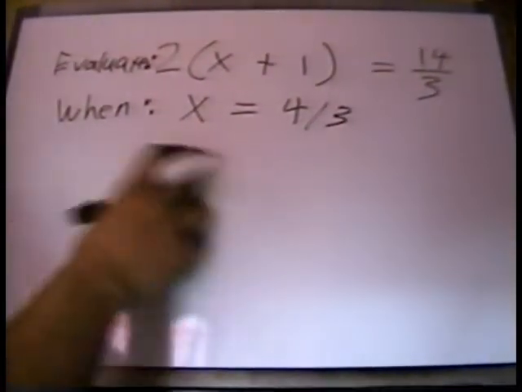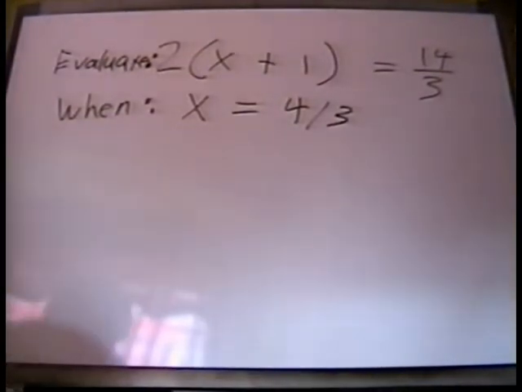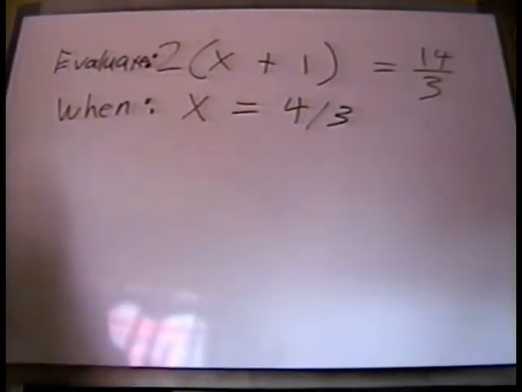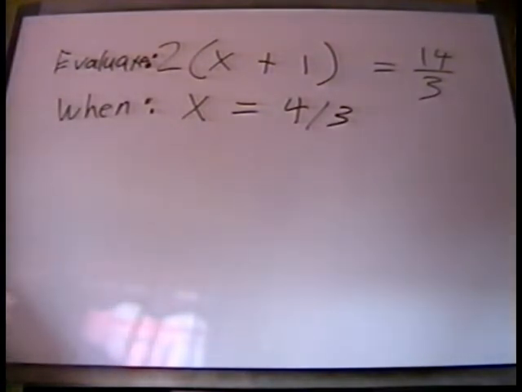Now if x equals 4/3, then the answer is 14/3. Now how do you convert? How many times does 3 go into 14?